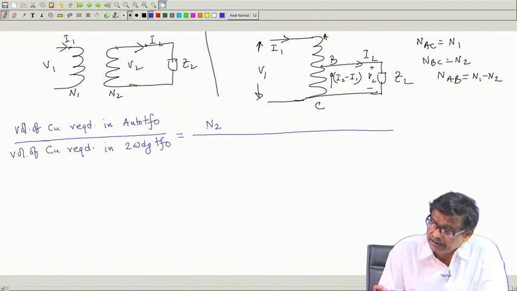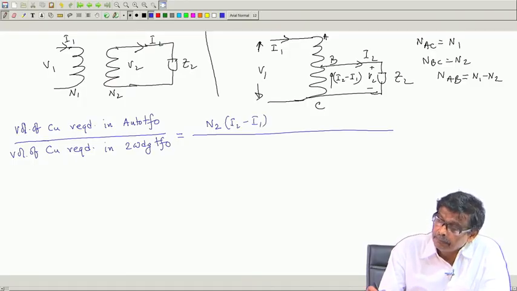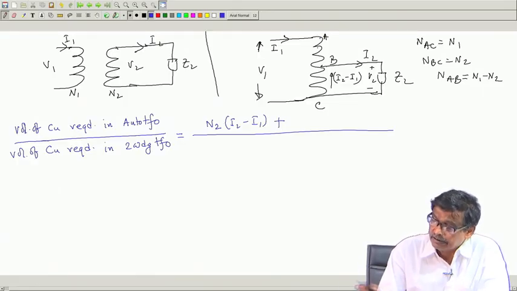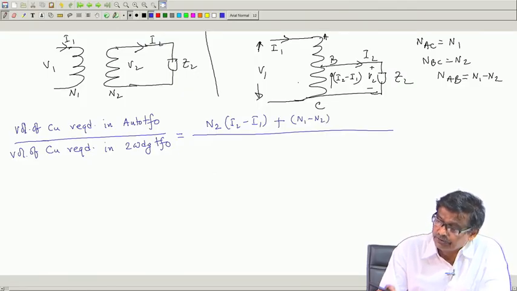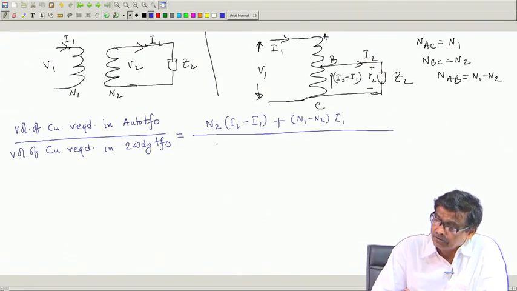What current is this coil carrying? The magnitude of the current I2 minus I1. That is this portion, plus the portion N_AB. The number of turns between the A and B terminals is N1 minus N2, and the cross sectional area of this portion should be decided by the current it is carrying, that is I1. All these currents are rated values.